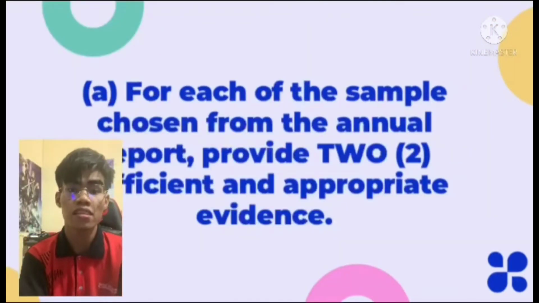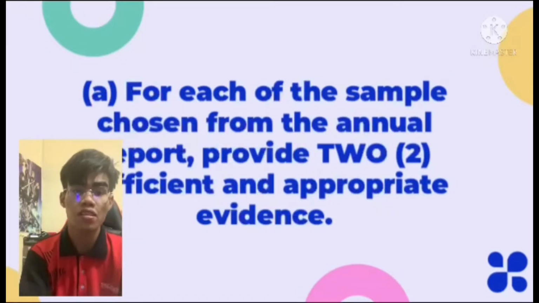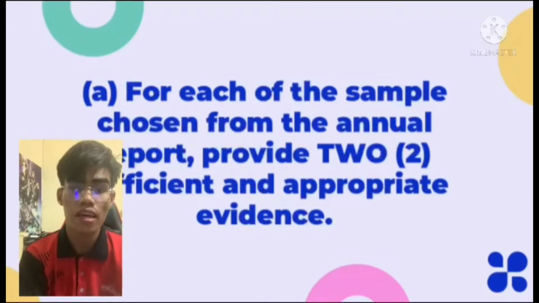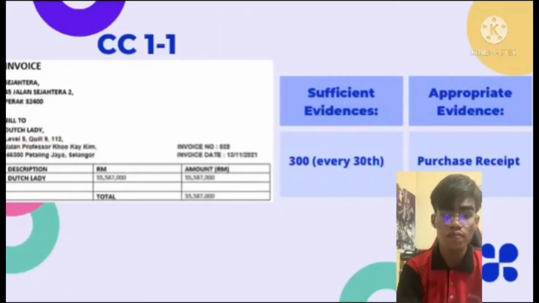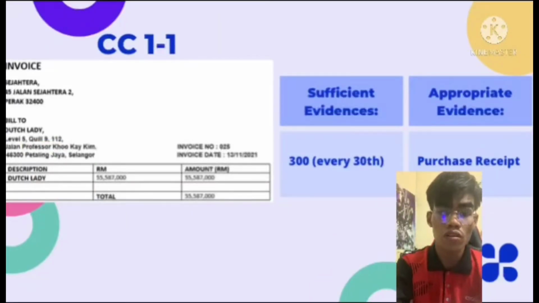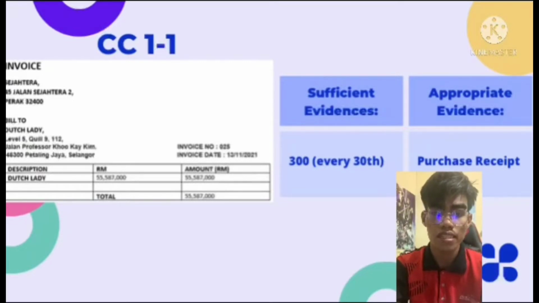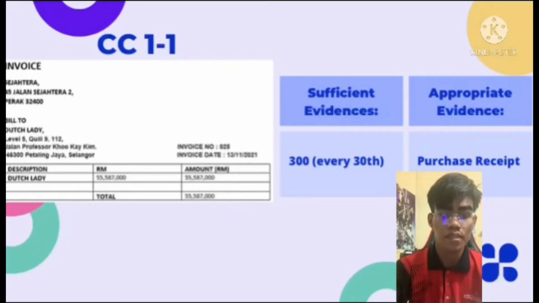First question is, for each of the sample chosen from the annual report, provide two sufficient and appropriate evidence. So the first one, sufficient evidence 300 every 30, and the appropriate evidence is purchase receipt.